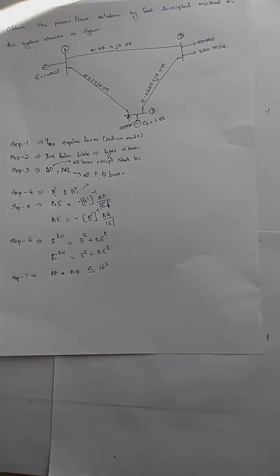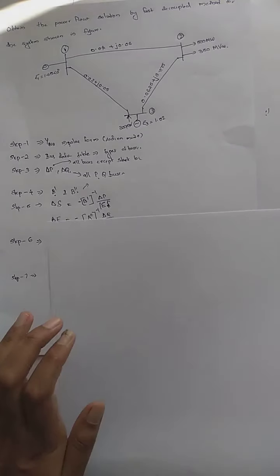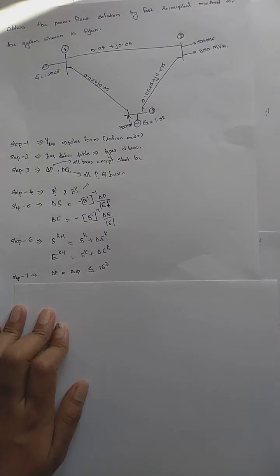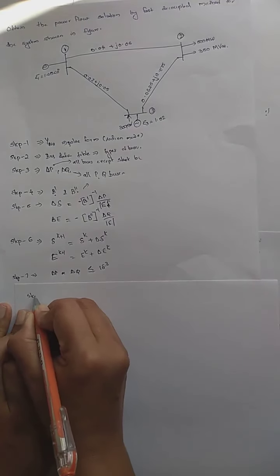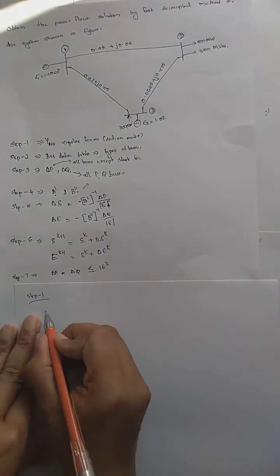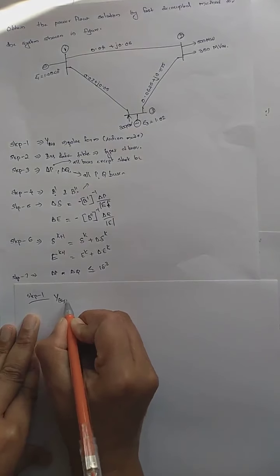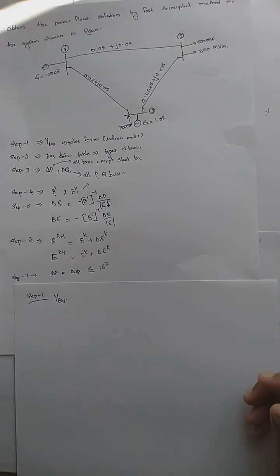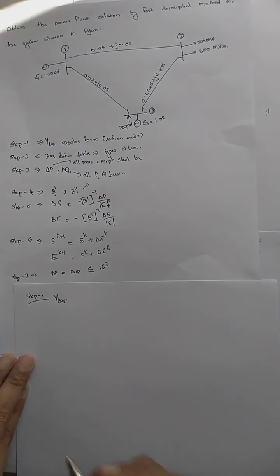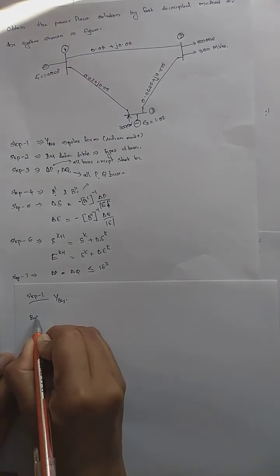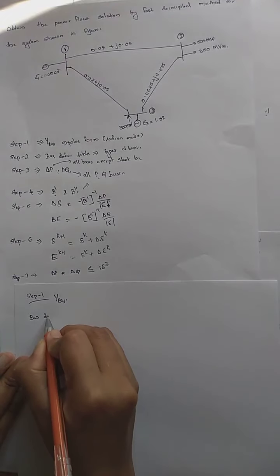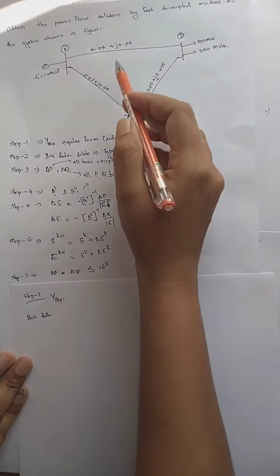I have already taught you how to form a Y bus. For Y bus, we have to check whether the given value is an impedance or an admittance. Here the given value is an impedance because it is plus j.